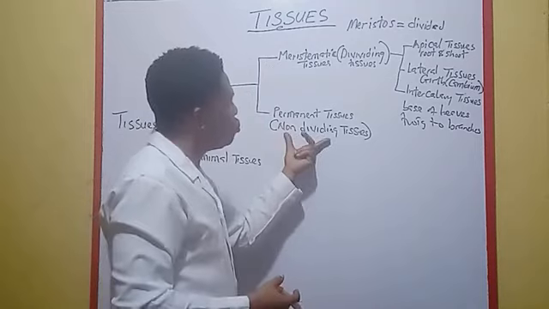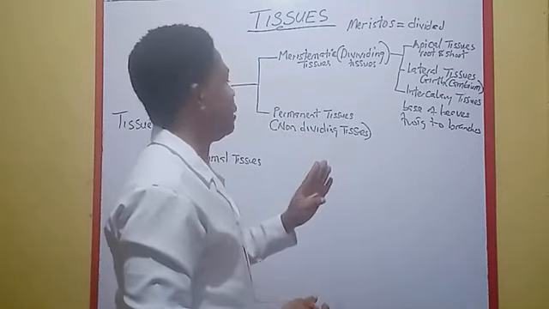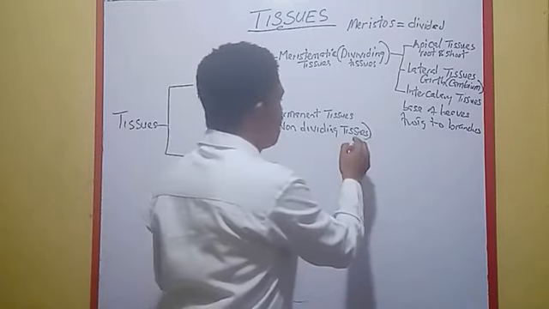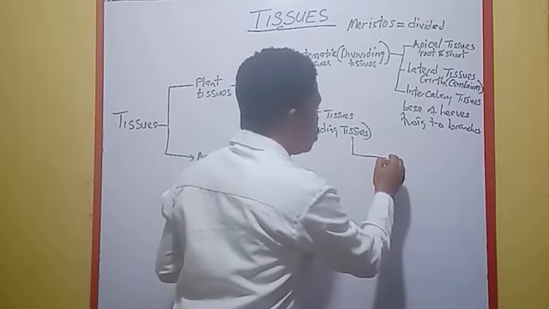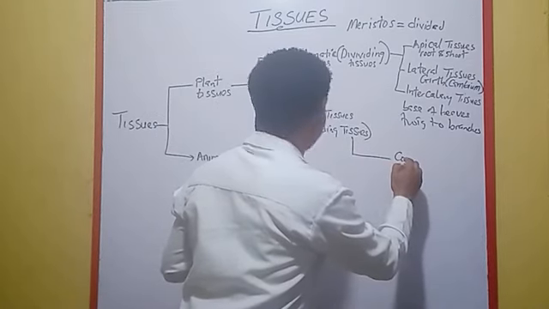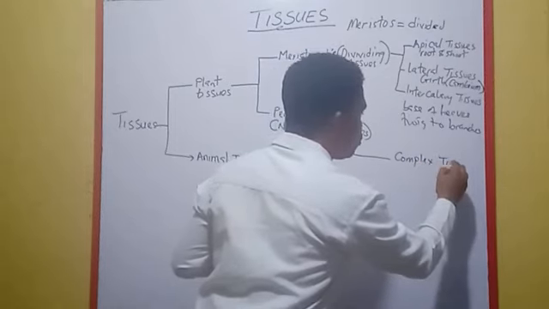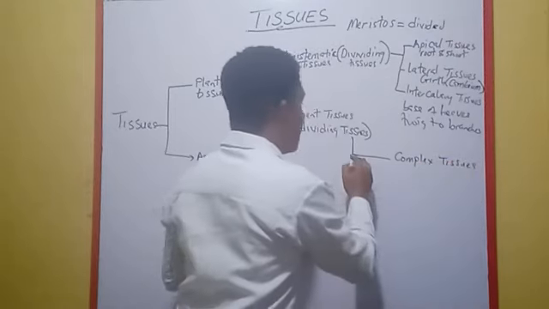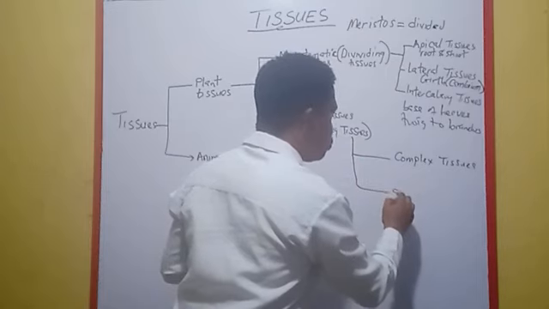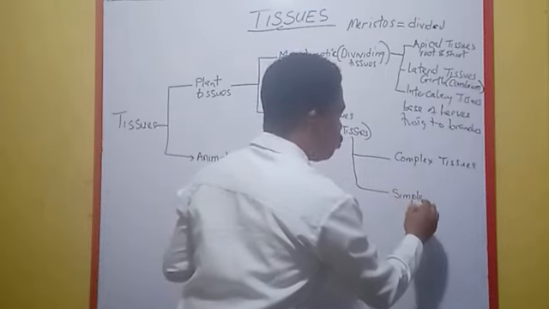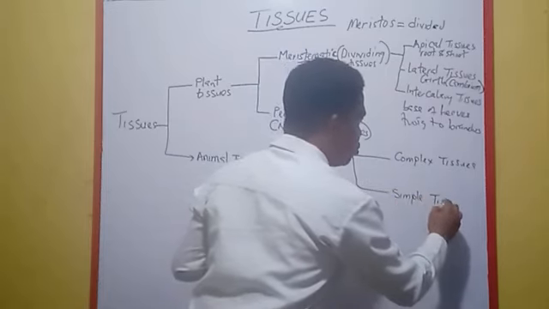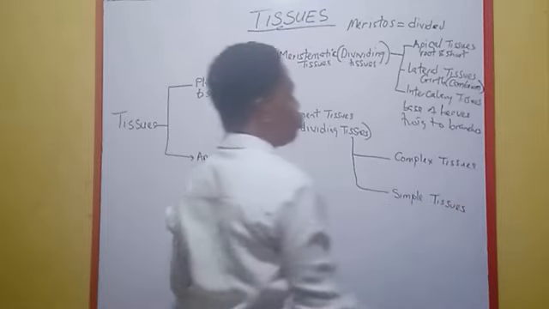Then the permanent tissues are of two types. You have the complex tissue and you have the simple tissue.